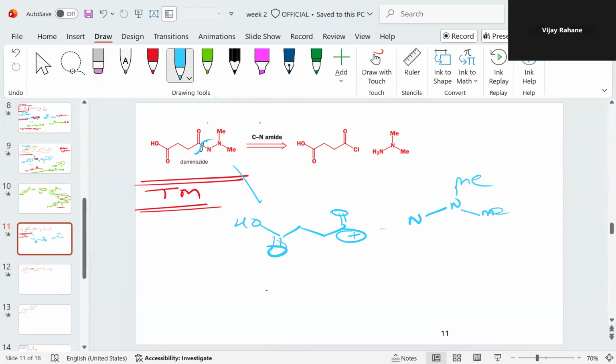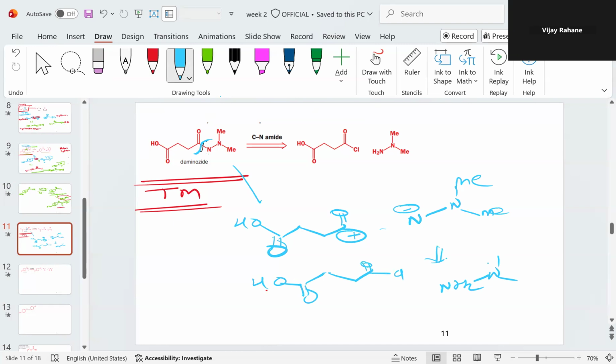Right, so this is the negatively charged species, and this can be derived obviously from the NH2, NMe, and the other can be from the acyl chloride, Cl, right?